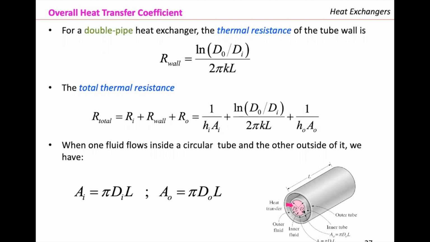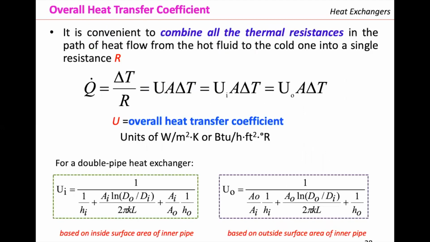We have one inner area and one outer area, because we have the thickness involved. So we combine all the thermal resistances, and we went through this, so I'm just recalling this, right? We combine all the thermal resistances in one single term that we name the overall heat transfer coefficient, right?